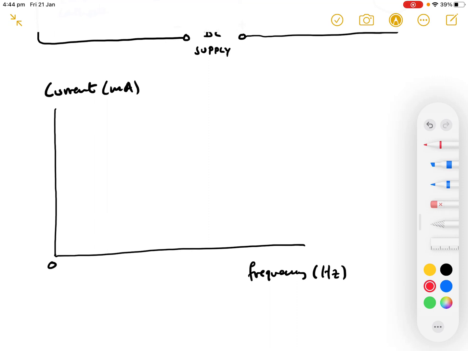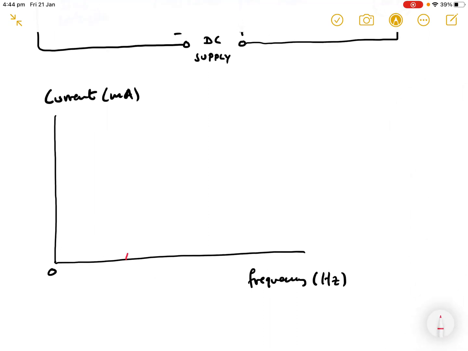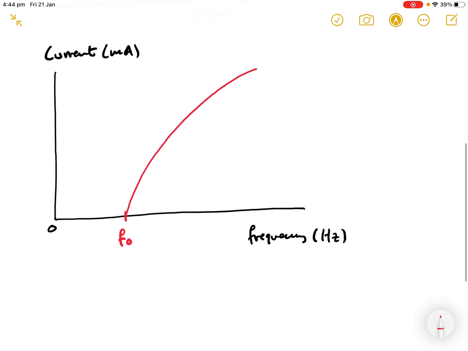But then if you gradually increase the frequency of the incident photons, you get to the point where the frequency is high enough and photo emission begins and the photocurrent begins to flow. And when that happens, you get a graph which curves like that, and that is F0, the threshold frequency.